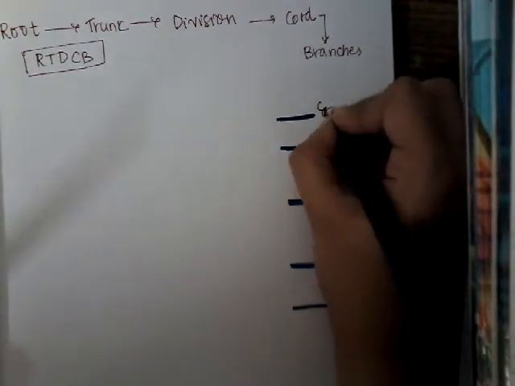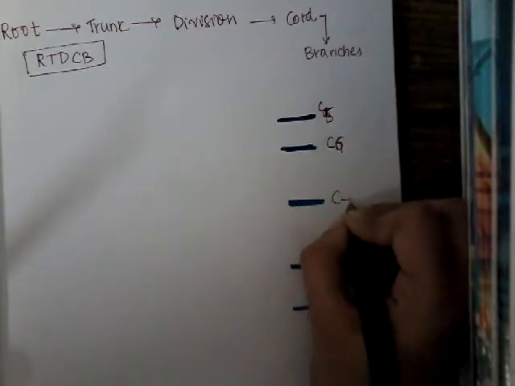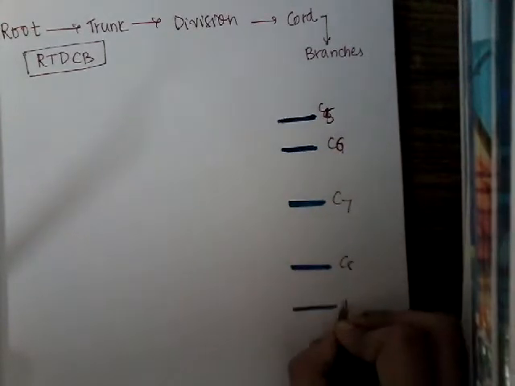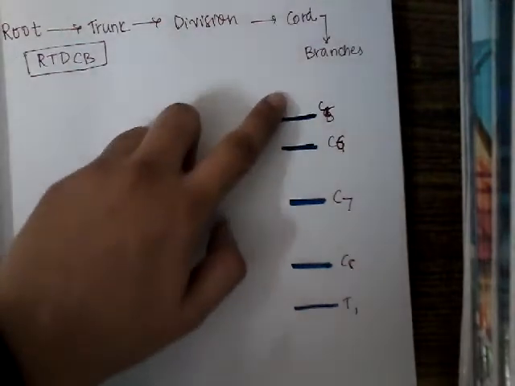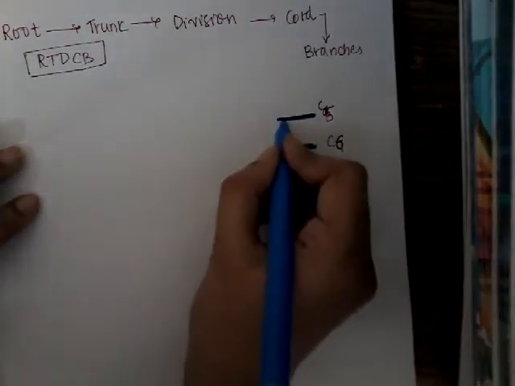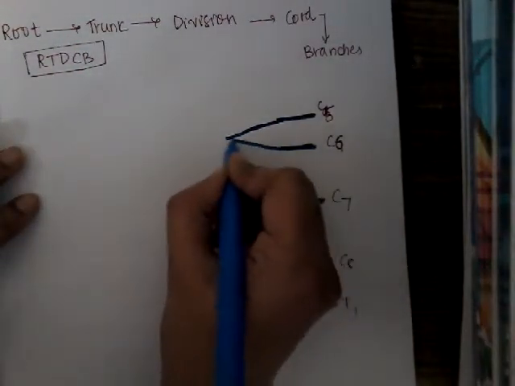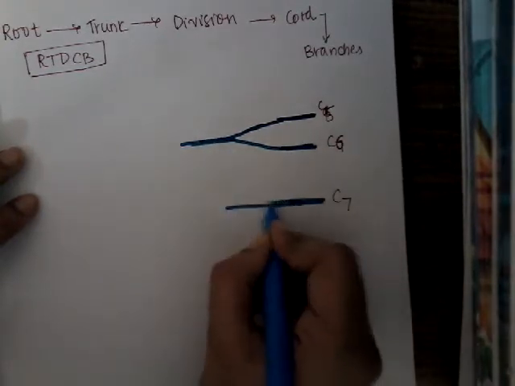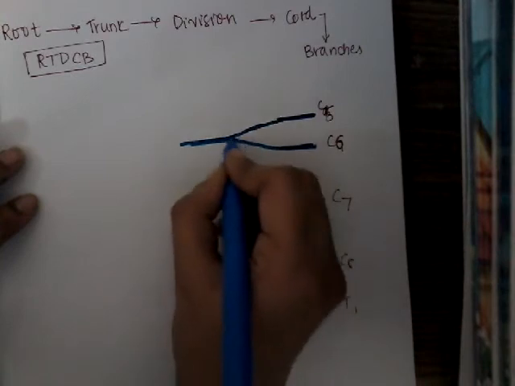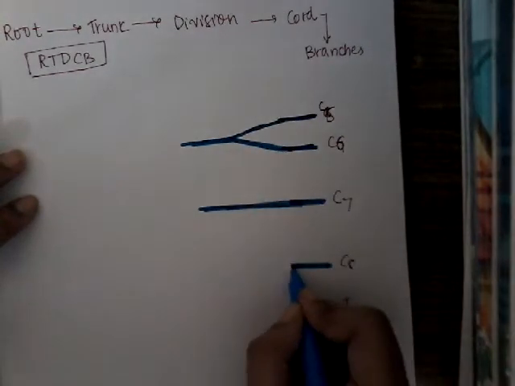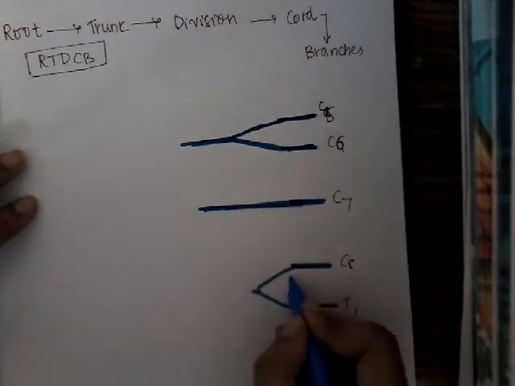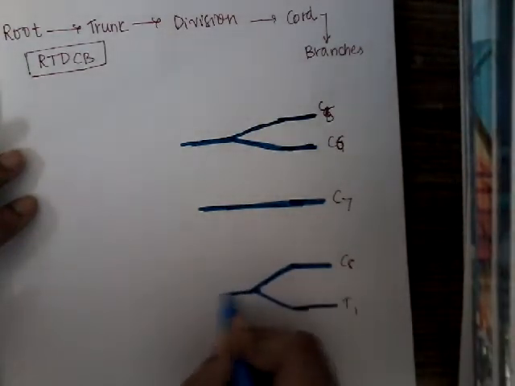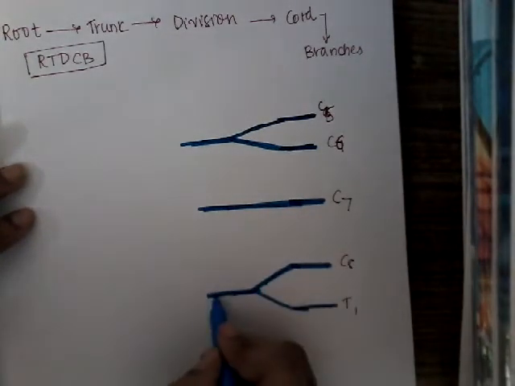C5 and C6, they both combine together and form the upper trunk. C7 itself forms the middle trunk. C8 and T1, they both combine together and they form the lower trunk.